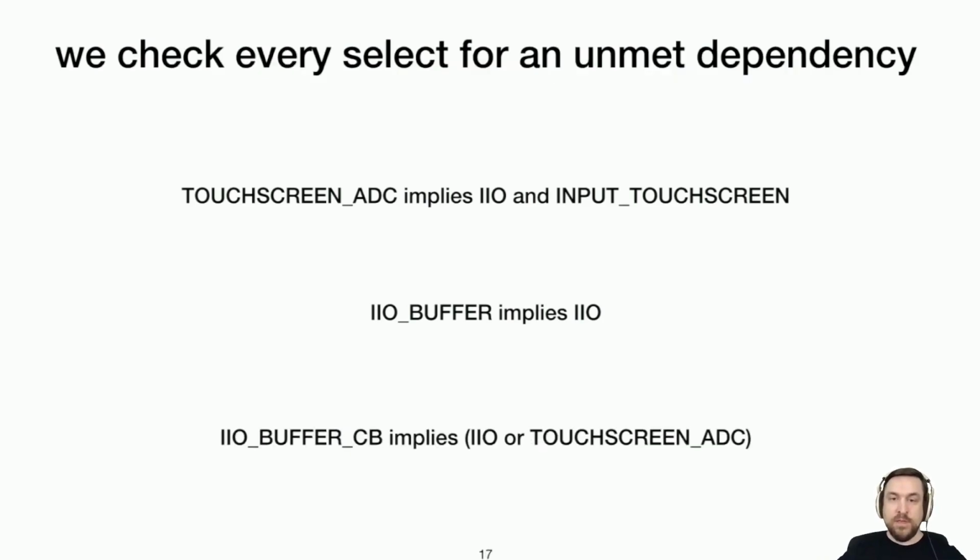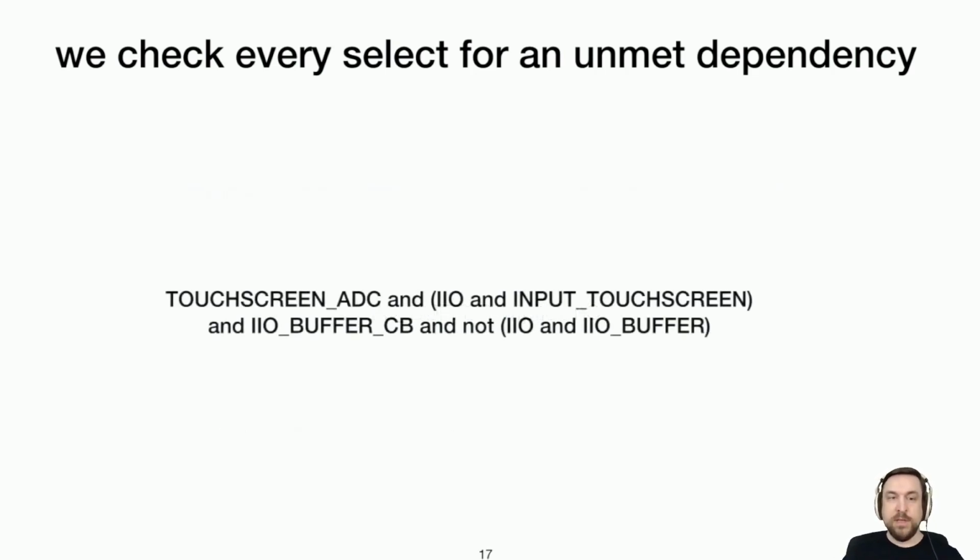Once we have all of these formulas modeled for the whole Kconfig specification, because these dependencies can cross over any possible files, we then take every combination of options that have a select reverse dependency relationship and turn them into a formula that describes that condition of the unmet dependency.